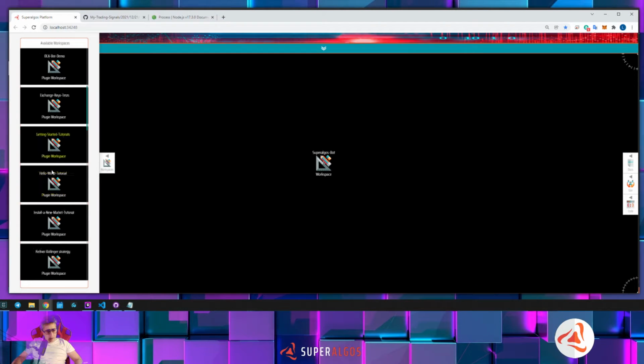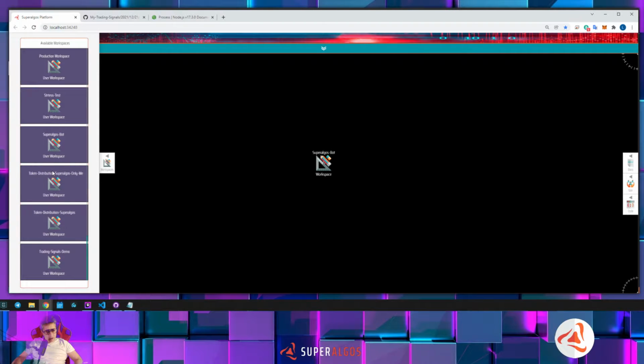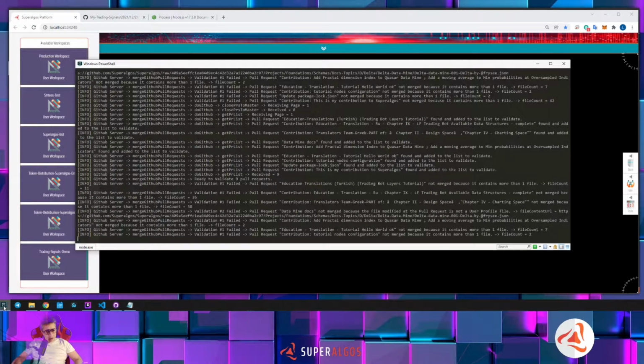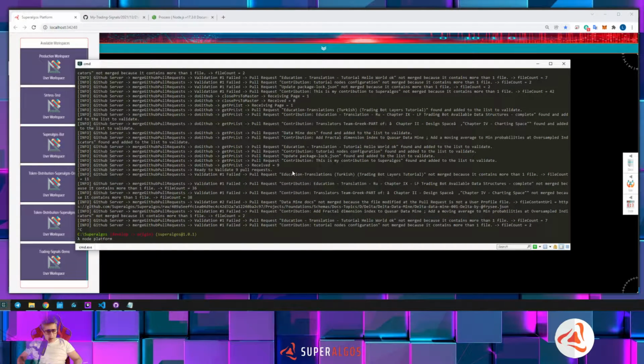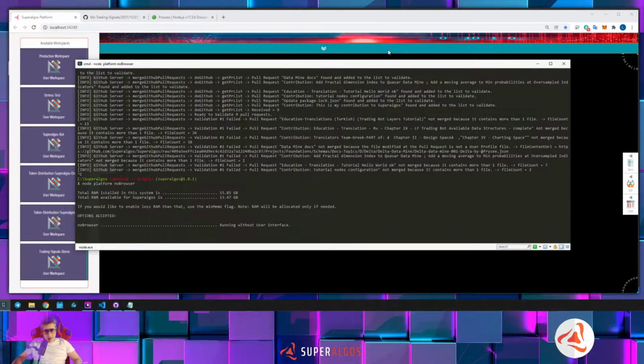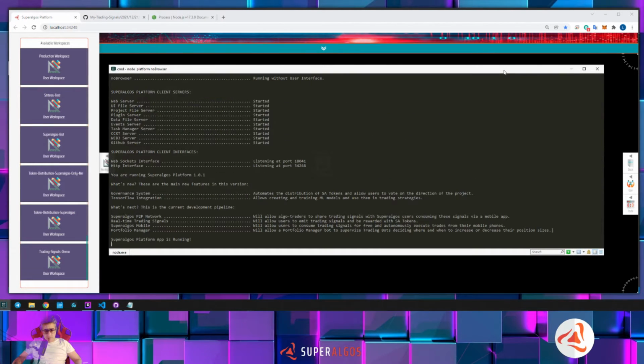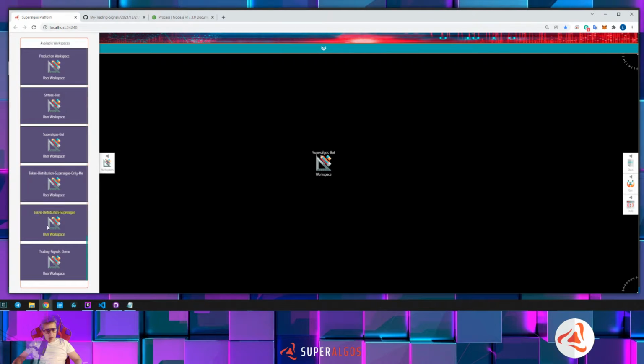Let's get to our workspace where we are working on this. Hold on. Let's check that this is running in a clean way. No browser here, so that we have a clean log. Okay, then we move to our workspace.